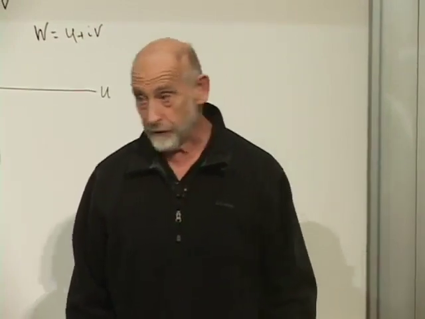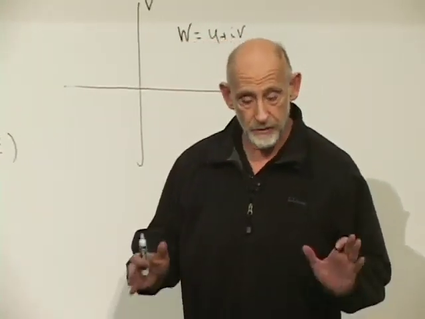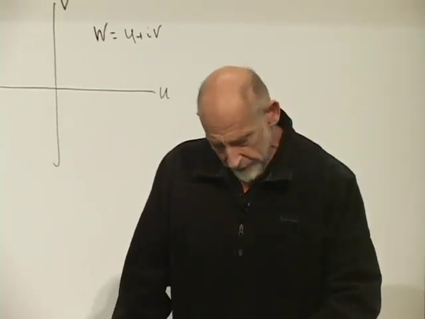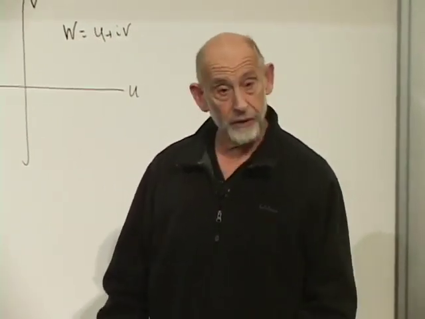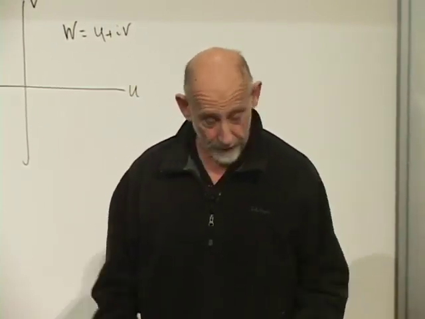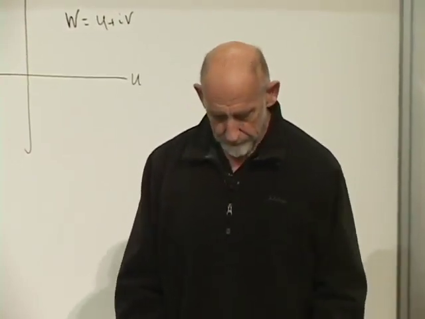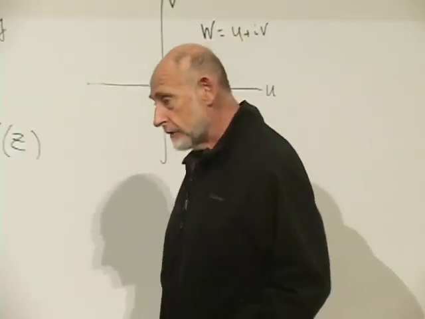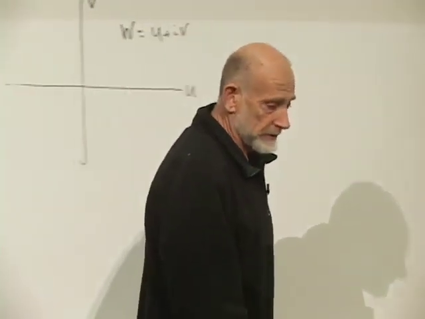Both the argument of the function z and the function itself w are complex numbers. All right. Now, there is a calculus of complex functions like this, called complex variable theory, and let's just spend a few moments on it. There's both an integral and a differential calculus, but we're going to concentrate on the differential calculus.